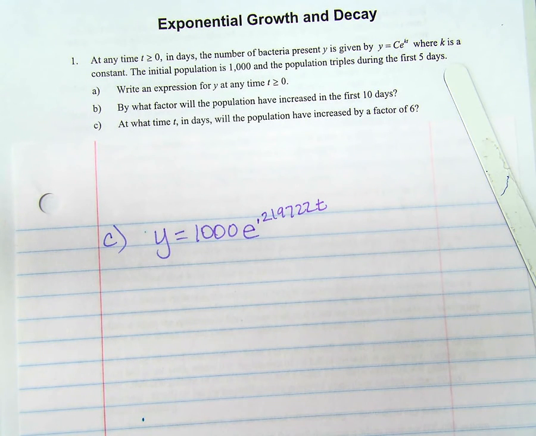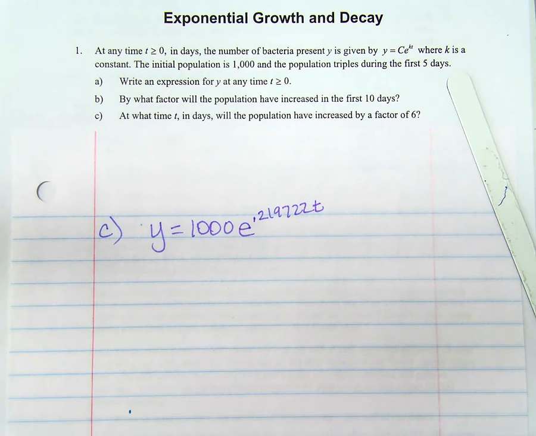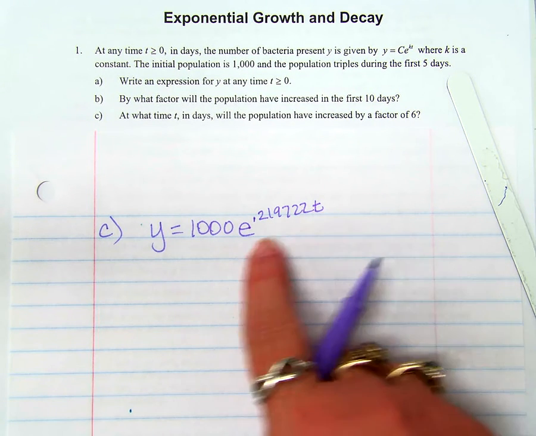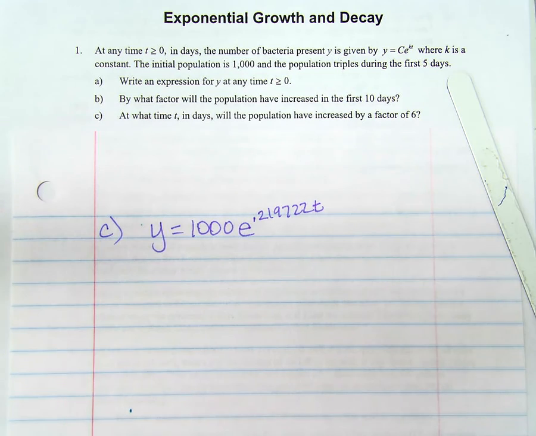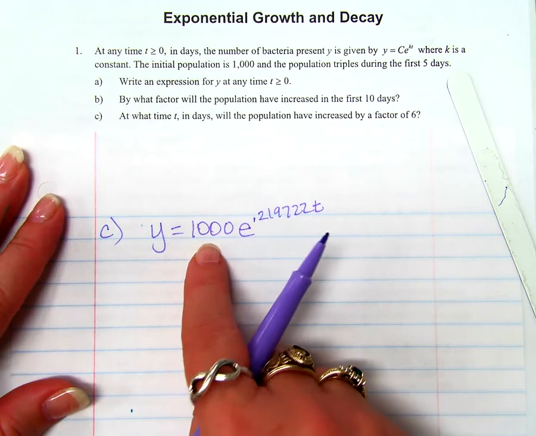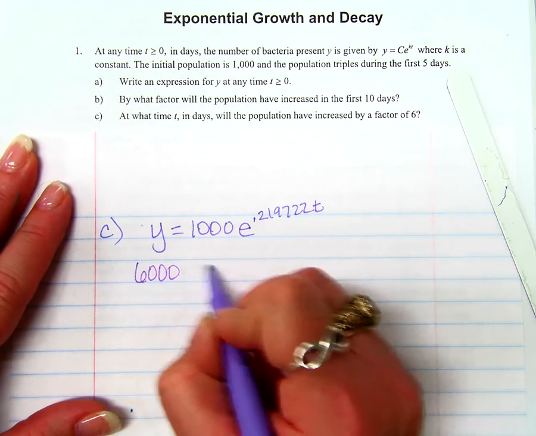What am I trying to figure out? I'm trying to figure out the time. So this is what I don't know, which means I have to know the y, don't I? It's 6,000 because it wants to know when it's going to increase by a factor of 6. We know it started at 1,000. If it's increased by a factor of 6, now it's 6,000. Very good.